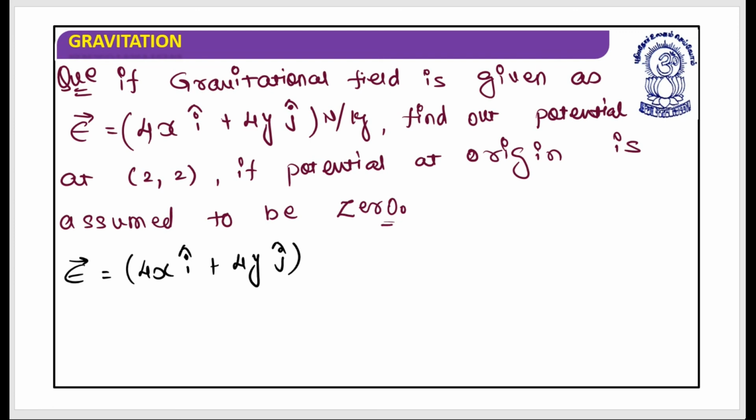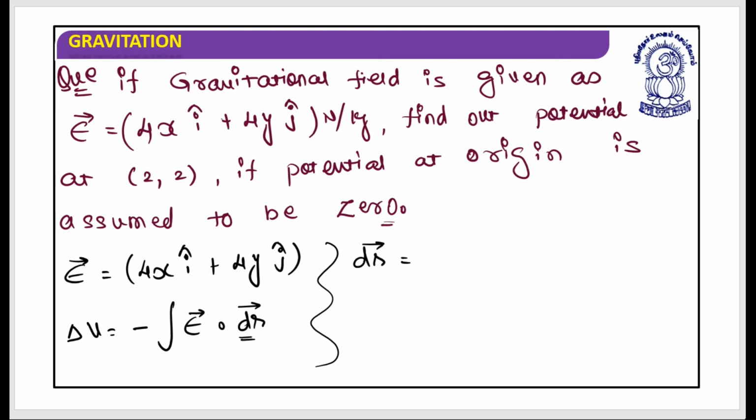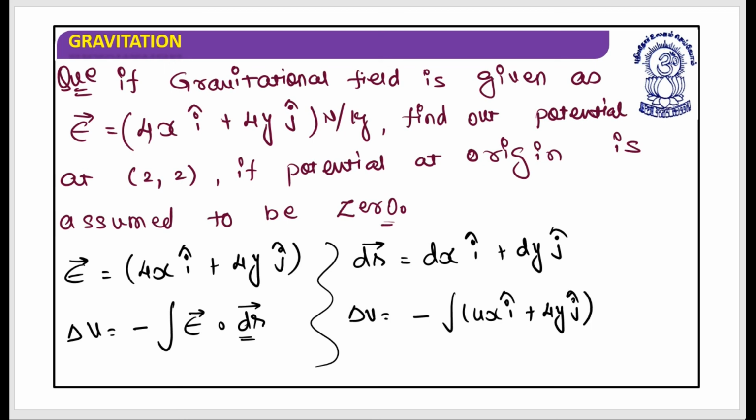To write down the potential, I want delta V equals minus E dot dr. Whenever you require this dr, simply write dr equals dx i cap plus dy j cap. So delta V equals minus of E, which is 4x i plus 4y j cap, dot dx i cap plus dy j cap.